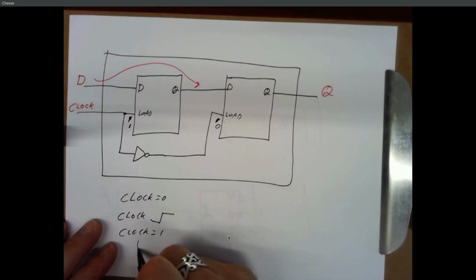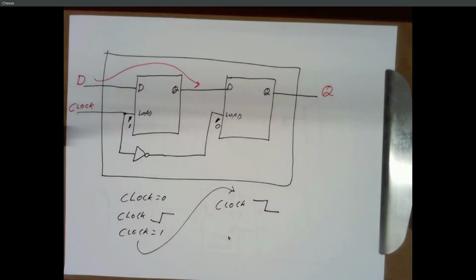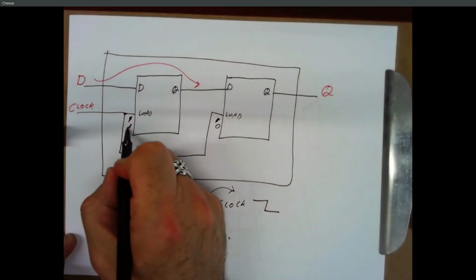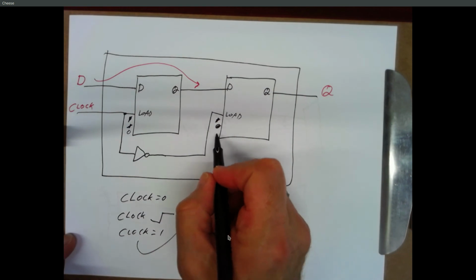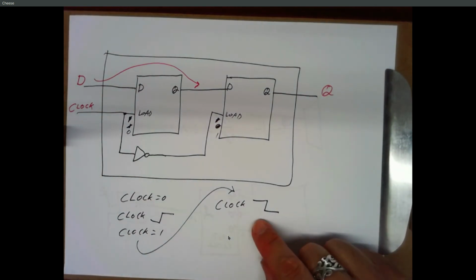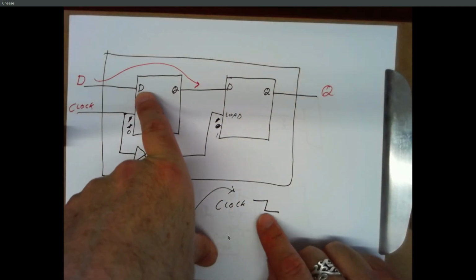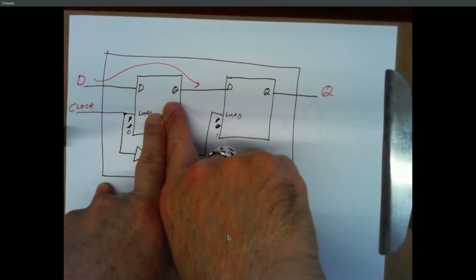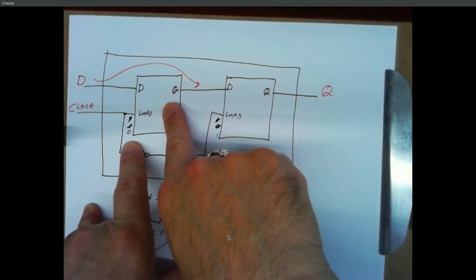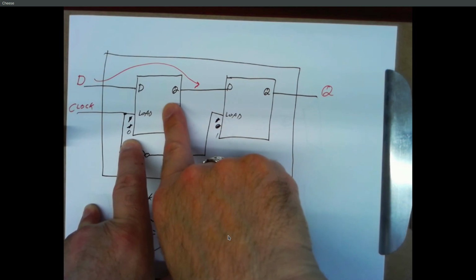Okay, now the clock drops. So at that moment where the clock drops, this becomes a 0, this becomes a 1. At that moment, whatever value we had on D, at that exact moment where the clock drops, now gets loaded into here, because the load line went from a 1 to a 0. That's just our plain old D latch.